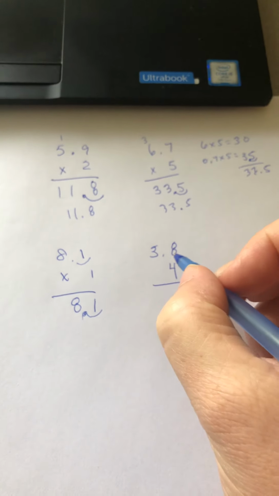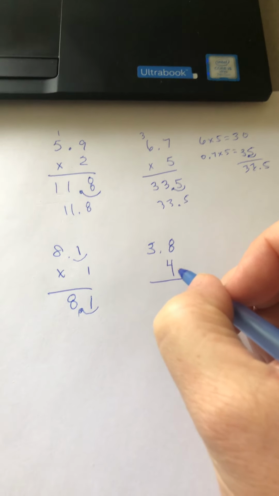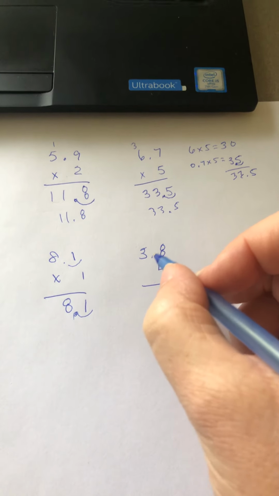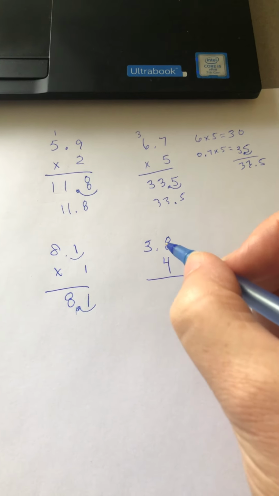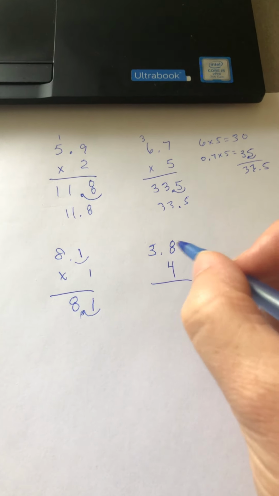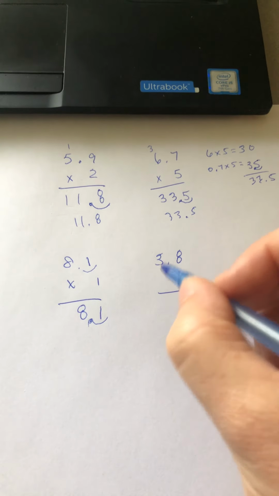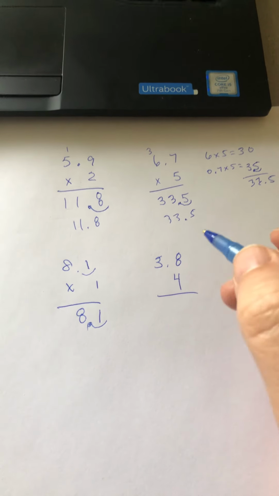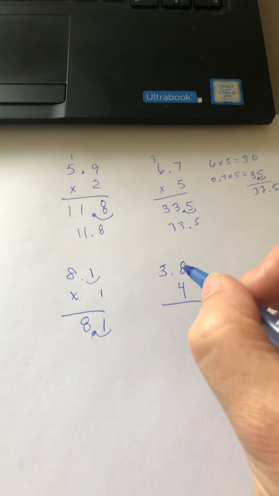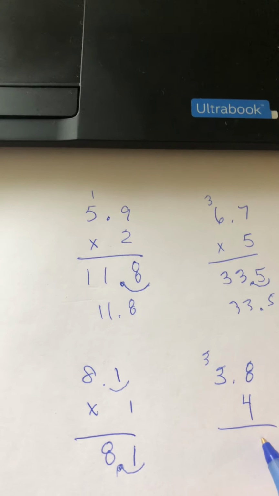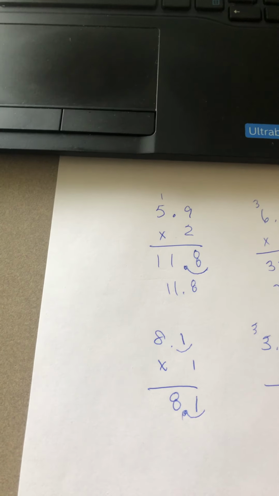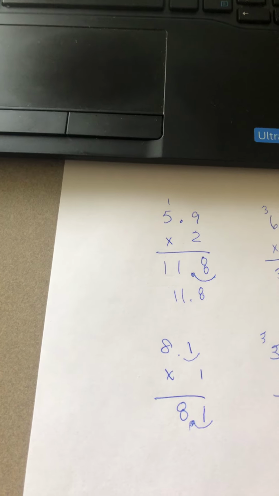So in this last one, we'll do 3.8 times 4. So estimating, well, I know this is going to be probably just less than 16, because 3.8 is almost 4. 4 times 4 is 16, so I know my number should be just less than 16. Let's find out. 8 times 4 is 32. 4 times 3 is 12.